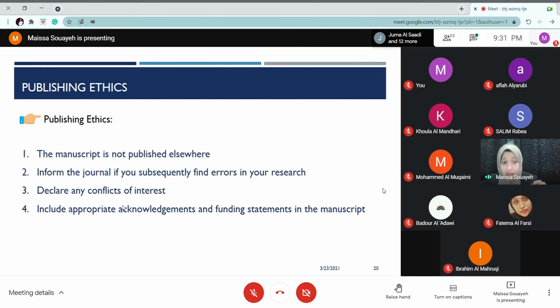Also, the second one: you always need to inform the journal, if you submitted your work to a journal and it got published, and you found an error in your research, like a major error. Imagine the size of the responsibility. You publish something, you're stating something.